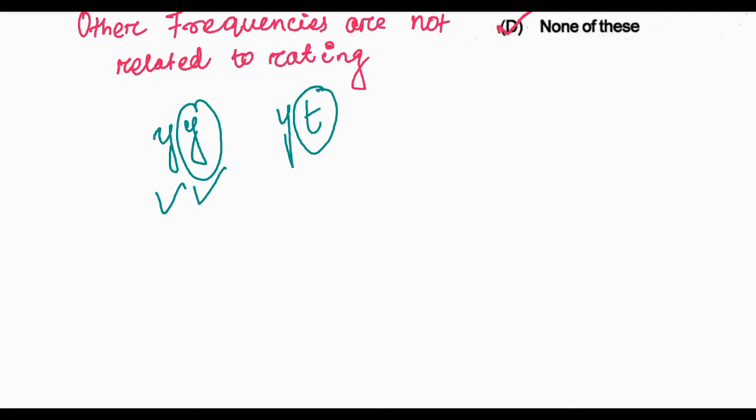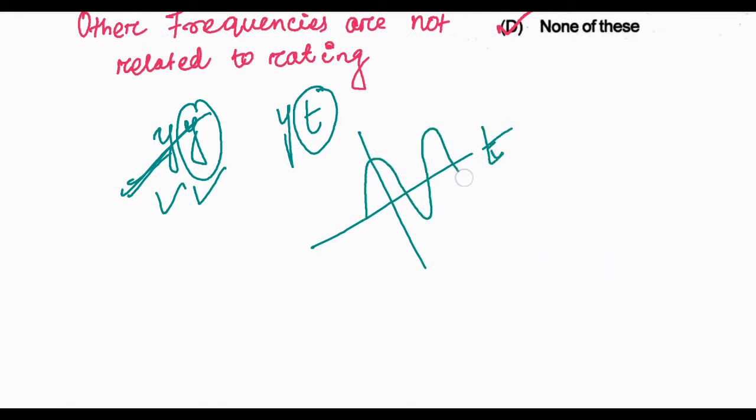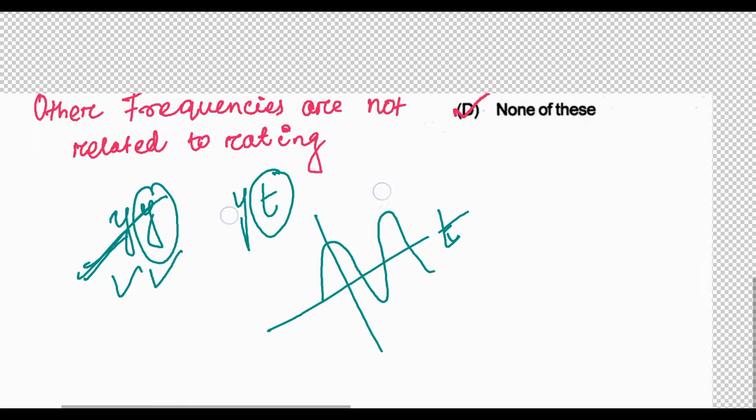The Lissajous pattern we have seen is the result of this mode. What is YT mode? Generally we use YT mode to view the waveform or to measure the RMS value, peak value, average value, and also the time period, frequency, etc. The x-axis is time and y is the signal. Suppose this is a sinusoidal signal, it will be represented like this.